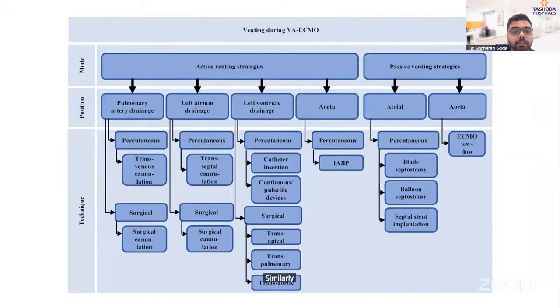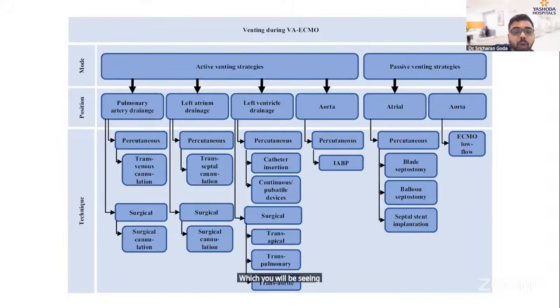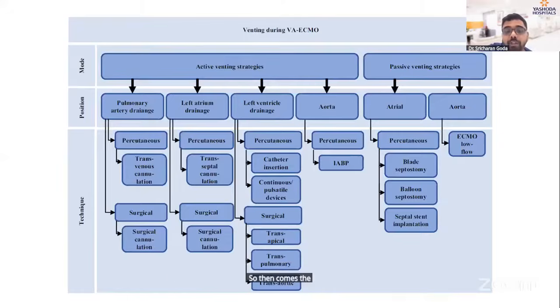Similarly, we can go to left atrial drainage. It can be a percutaneous technique with transseptal cannulation of a single-stage or a multi-stage cannula, which we will see a little later, or it can be a surgical cannulation, where the left atrium can be accessed through the right superior pulmonary vein. Then comes left ventricular drainage, which also has a percutaneous or a surgical technique.